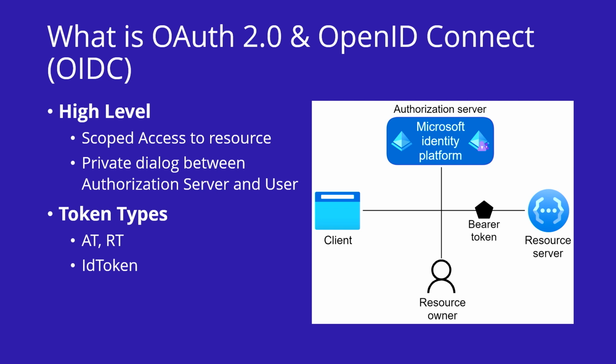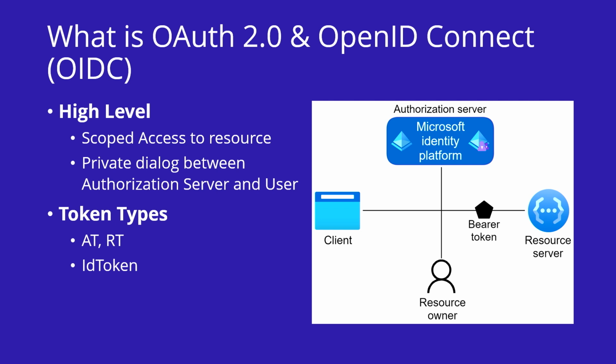So let's see how it looks at a high level. It has 4 parts: authorization server, client, which is actually an app, resource owner, which is the end user, and the resource server, which hosts the protected resource or protected APIs. The way it works is that when the client wants to access a protected resource or protected API, it asks the authorization server, give me the authorization token.